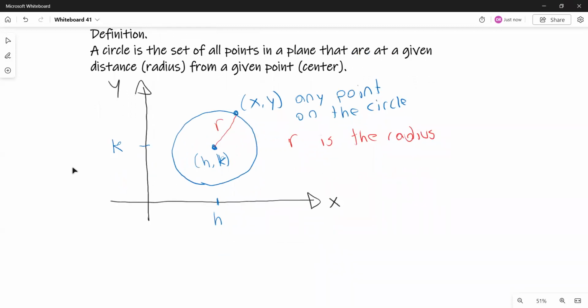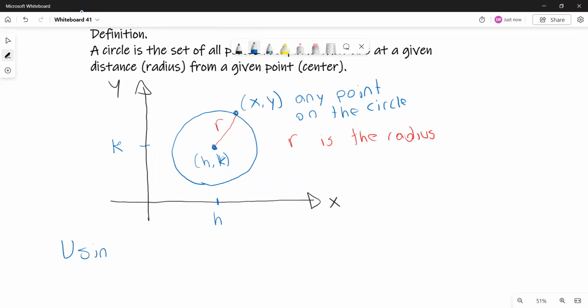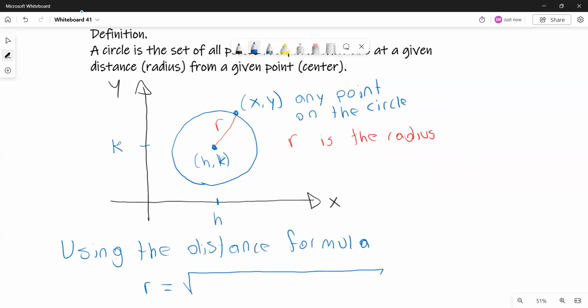Using the definition and the distance formula, the distance, which is the radius, is the same from the center to any point.